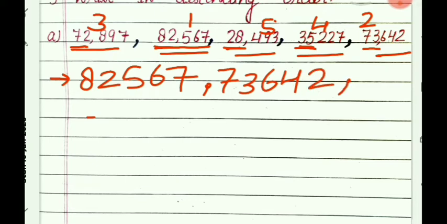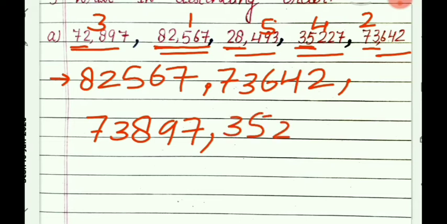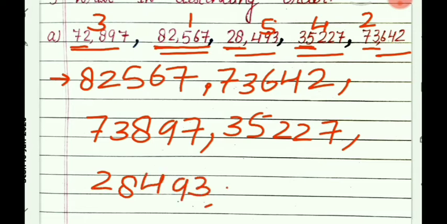Then third number 73,897. Put a comma. Fourth one is coming 35,227. And the next number, fifth one, is coming 28,493 only. Got it?